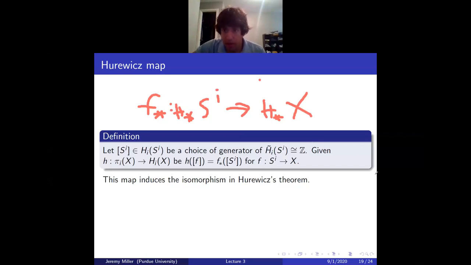That gives you a homology class in X. Okay. Any questions on how this map is defined?